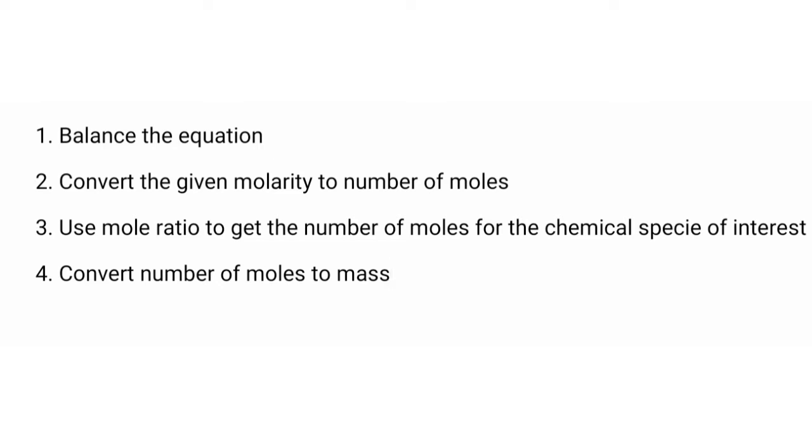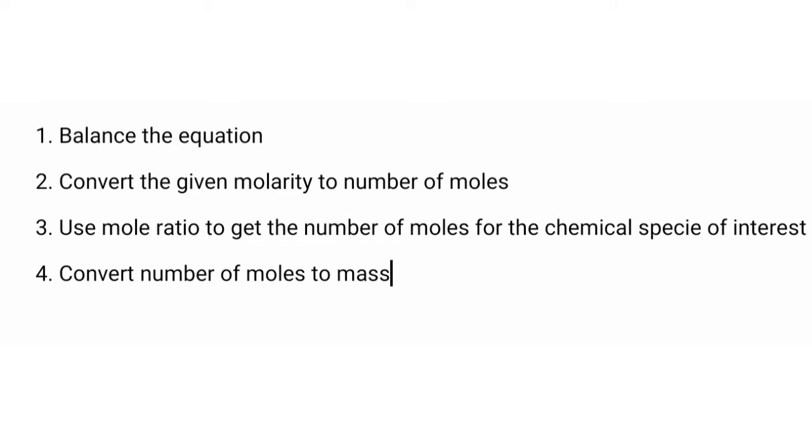Then we're supposed to convert the given molarity to number of moles. If we're given the mass for a reactant or a product, we're supposed to also do the same in this case. We're supposed to convert the given mass to number of moles. But in this case, what we have is molarity. So we're going to convert the given molarity to number of moles.